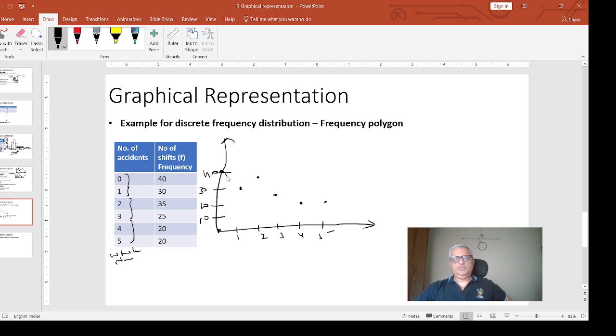So all that I have to do is connect my points with straight lines, like this. So this becomes my frequency polygon for discrete frequency distribution.